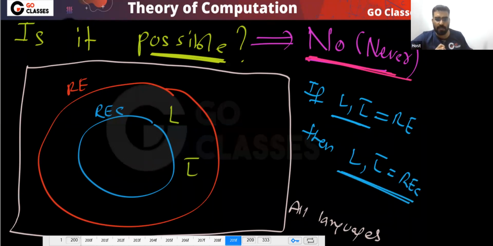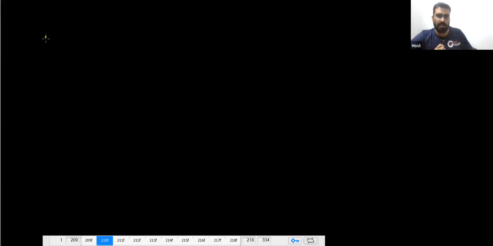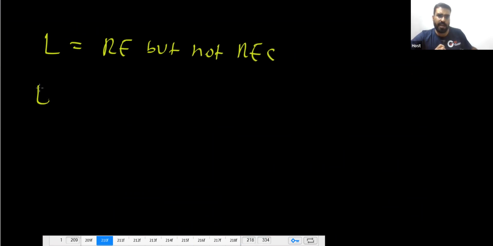Tell me, is this clear or not? So I can say this is never possible: L is RE but not REC, and L complement is RE but not REC. This is never possible.